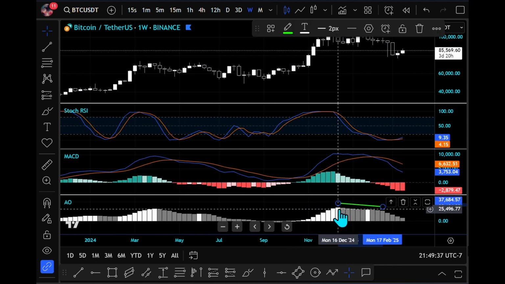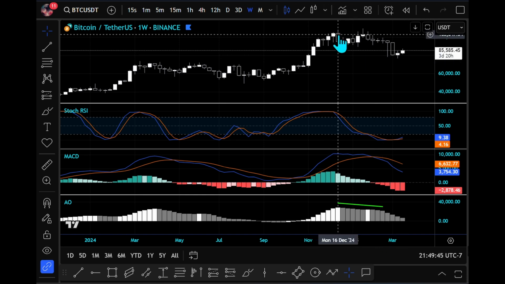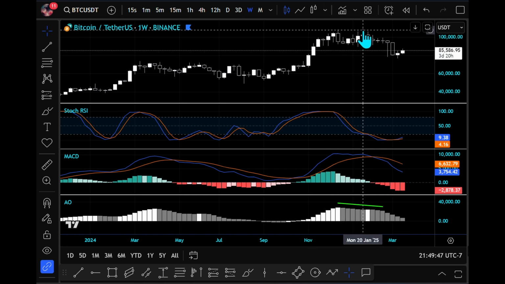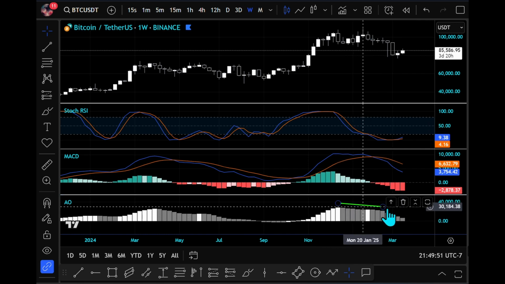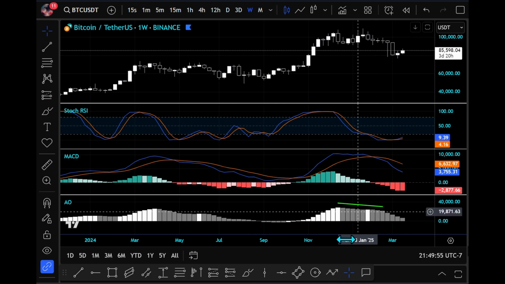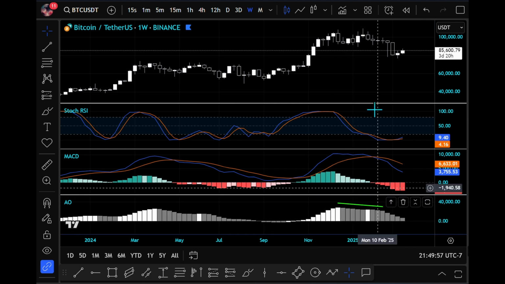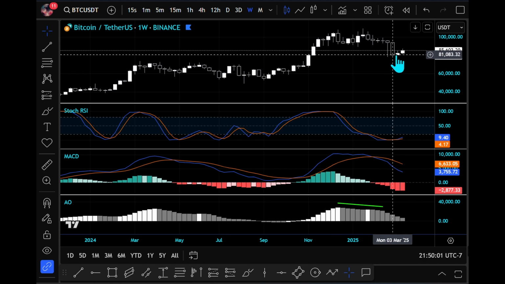So this high followed by a lower high. Now up here we had a high followed by a very slightly higher high. So that kind of divergence is a signal that the price action looks like it's going up, but something else looks like it's going down. And of course, that's followed up with this downward price action.